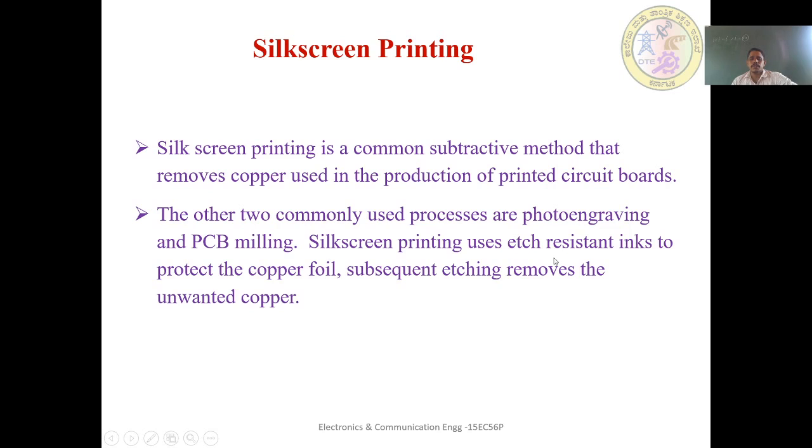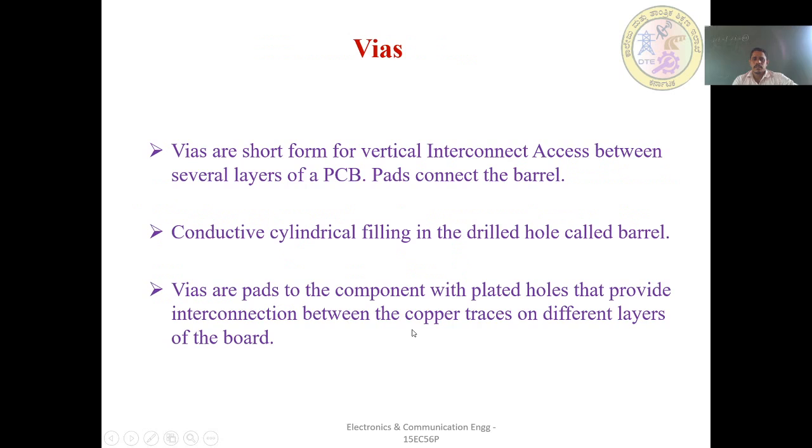Seal screen printing uses etch-resistant ink to print the names, to protect the copper foil. Subsequent etching removes the unwanted copper. The etching solution is used to etch the unwanted copper in the PCB. While etching the unwanted copper, the etch-resistant ink does not allow the seal screen name to erase.